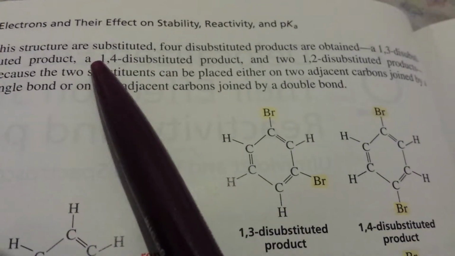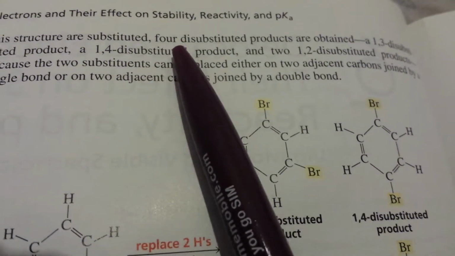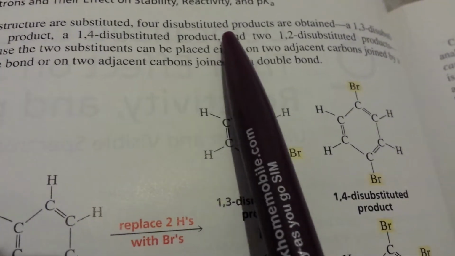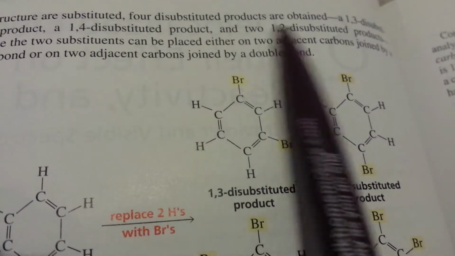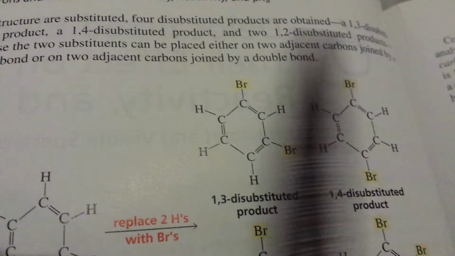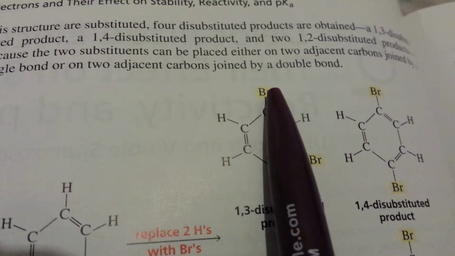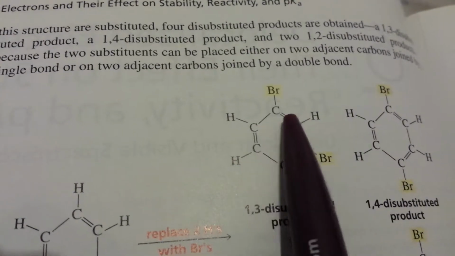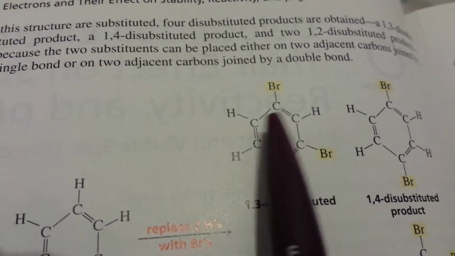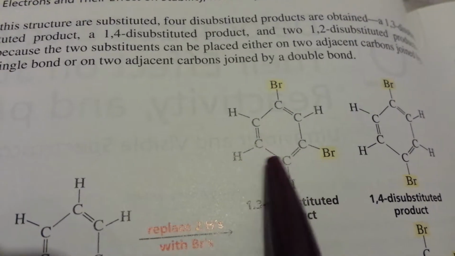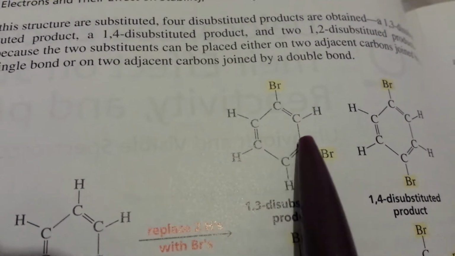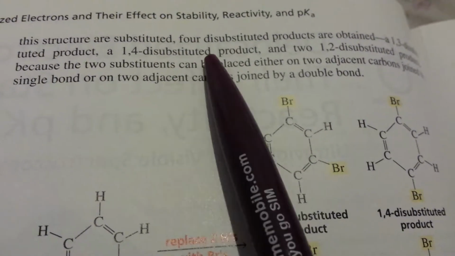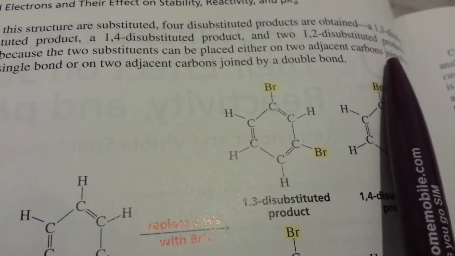They're talking about how many substitutions are possible. The 1,3 disubstituted would be like this, another will be here, another like this, and the 1,4 disubstituted one, and two 1,2 disubstituted products.